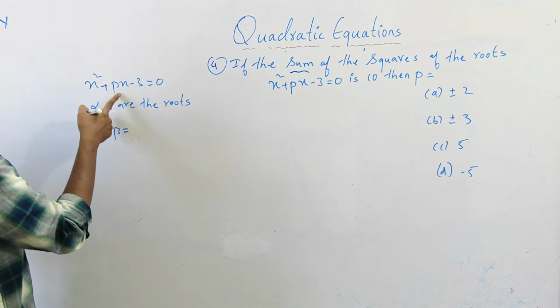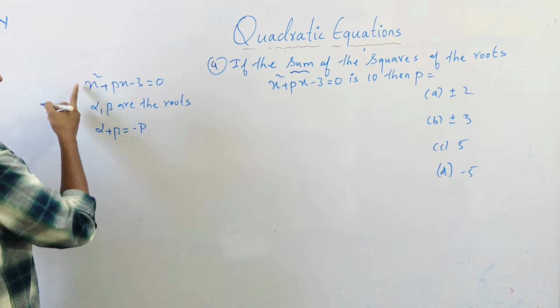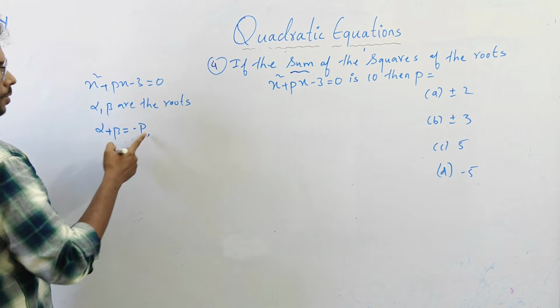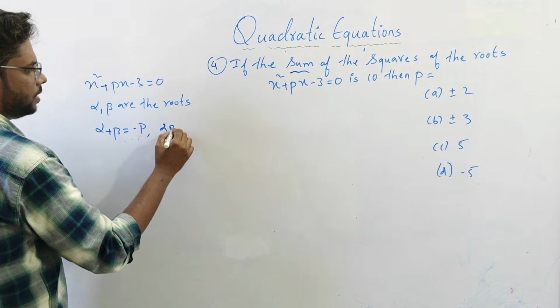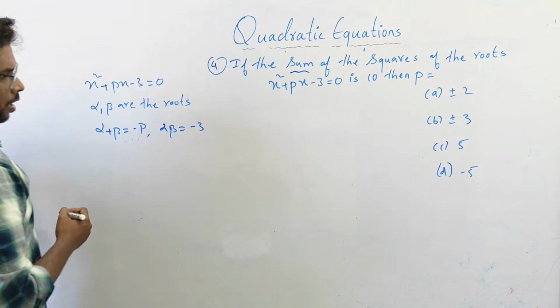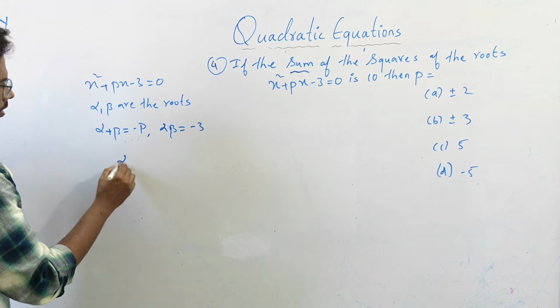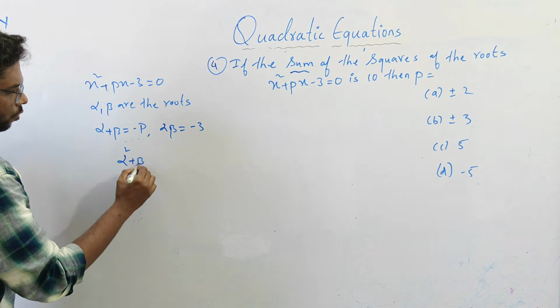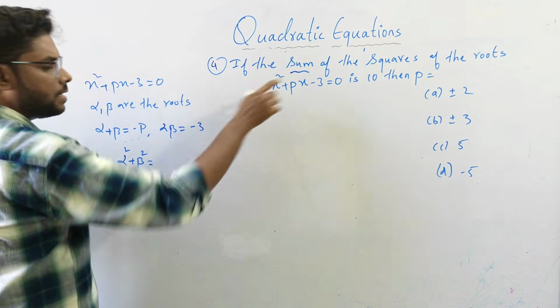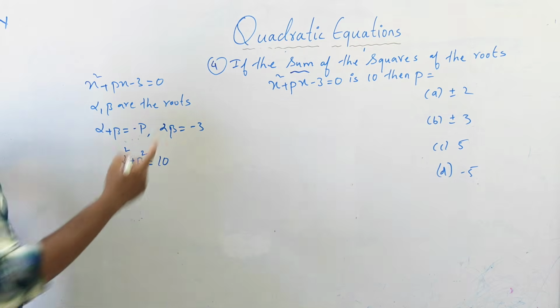That is equal to minus b by a, that is minus p by 1, and the product of the roots, alpha beta, equals minus 3. Now what is it telling us? The sum of the squares of the roots of this equation is given as 10, and they are asking us the value of p.